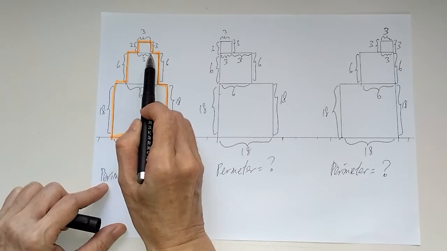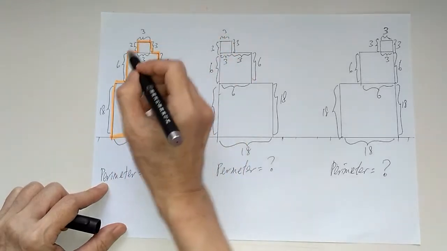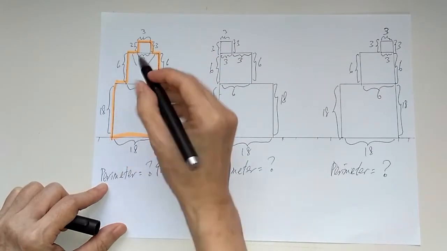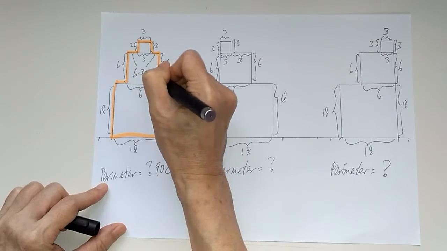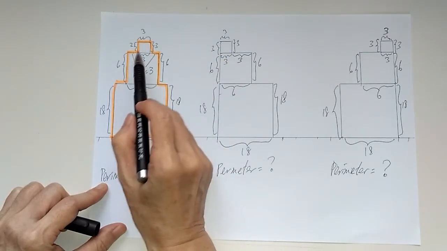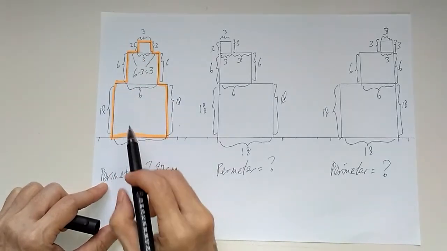If the inner portion, this length, is 3, then the total length of these two parts, if you sum them, will be 6 minus 3. You take the whole length minus the center, and you'll get the length of this. Same for this one.